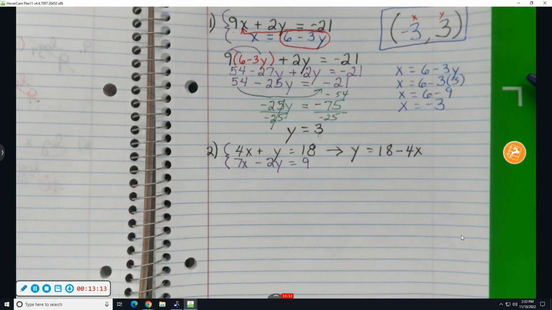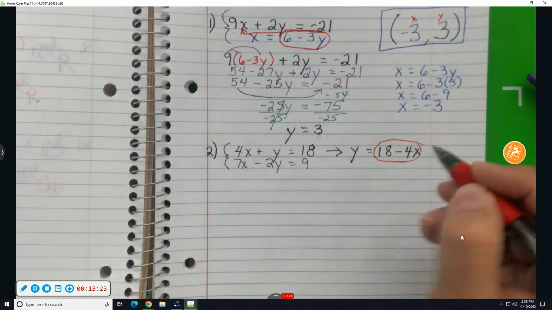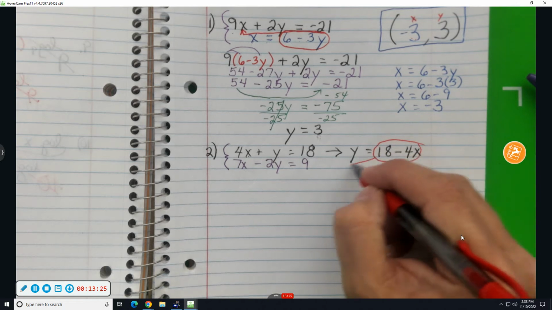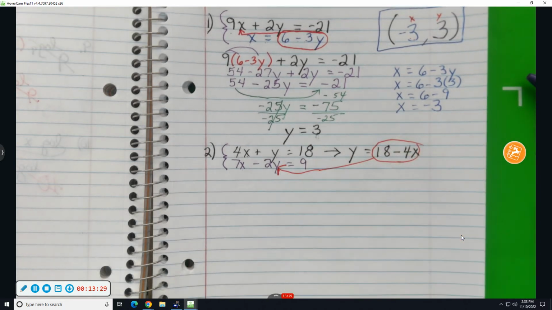Now, it's like problem 1. You take the 18 minus 4x and plug it in for y. I should have, instead of saying plug it in for y, what word should I have used? I should have said substitute it into y.